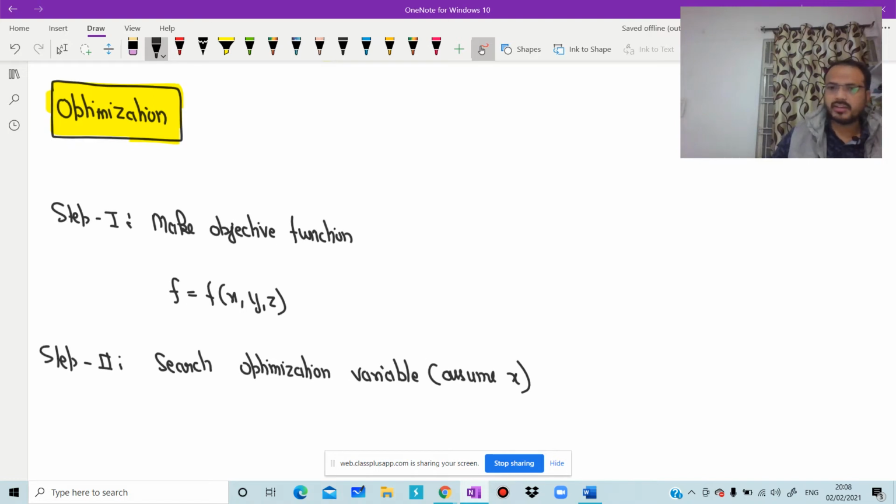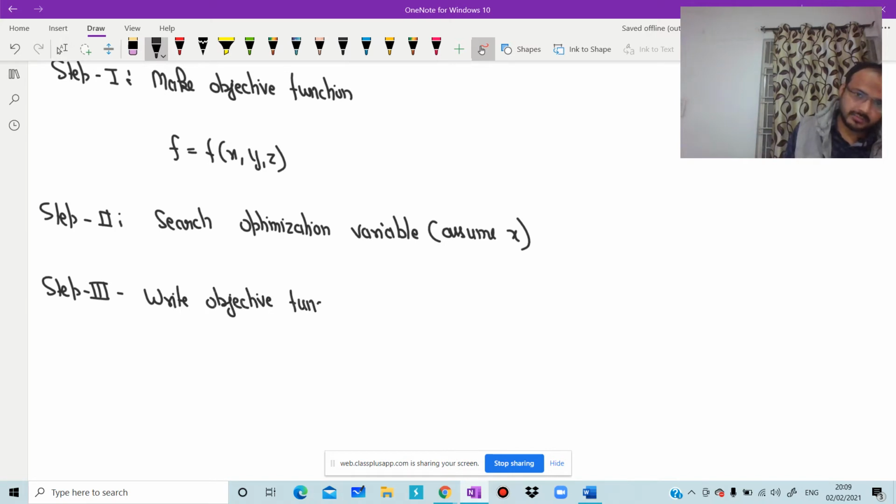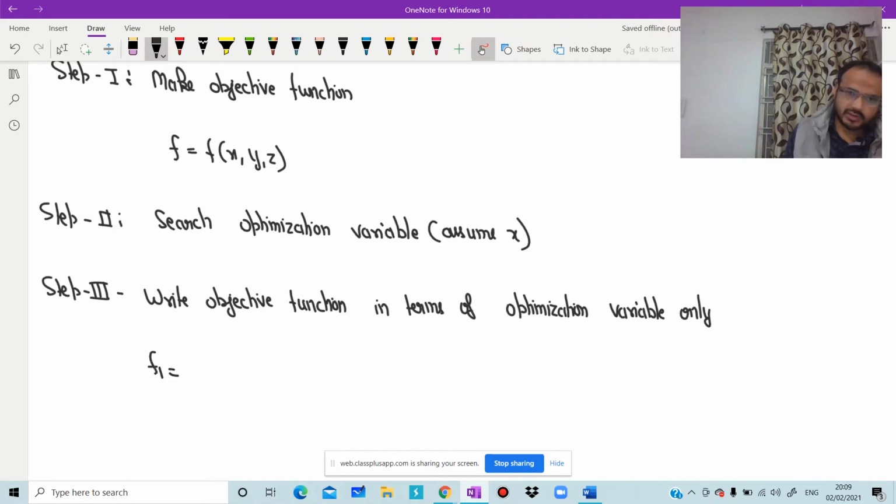Assume x is the optimization variable. Step 3: write objective function in terms of the optimization variable only. F1 is equal to f of x only.